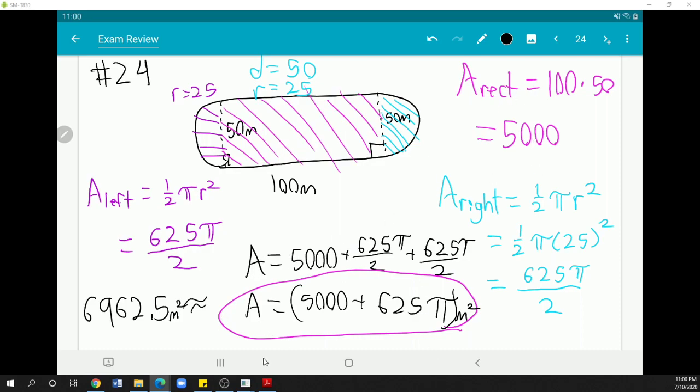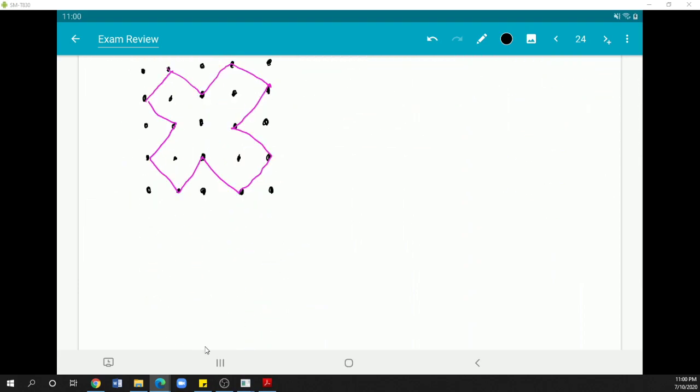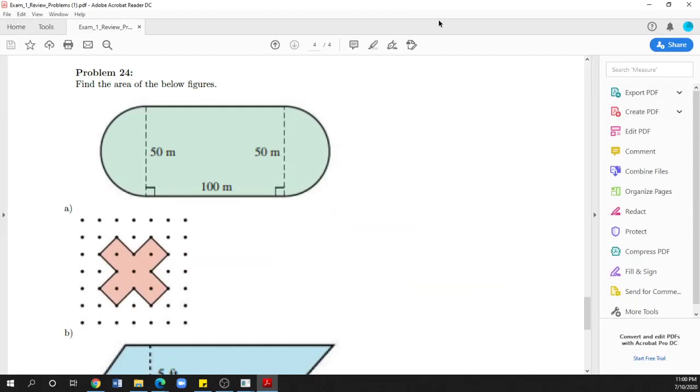Okay. Now we can move on to the next problem, which also was conveniently drawn. So for geoboard problems, we kind of have to apply what we know. We have a few different tactics. We could try to add a whole bunch of triangles together. That'll get you the right answer, but it seems kind of annoying.